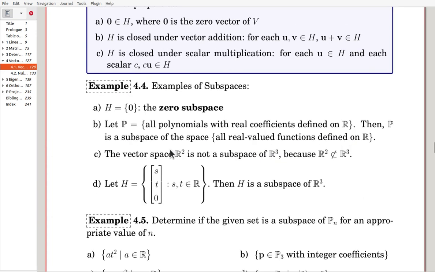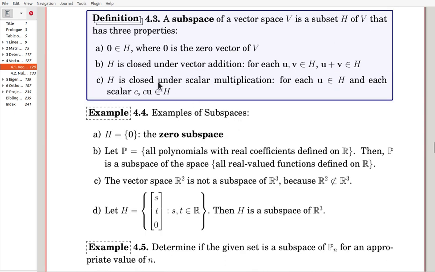Okay, here we have examples of subspaces. Take the set with just one entry, 0, and choose H to be that set. Then it is a subspace. The reason is, 0 is in H, and if you choose two vectors, you can choose only 0 and 0. The addition is again 0.